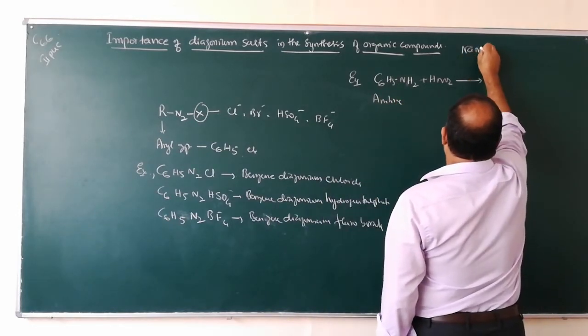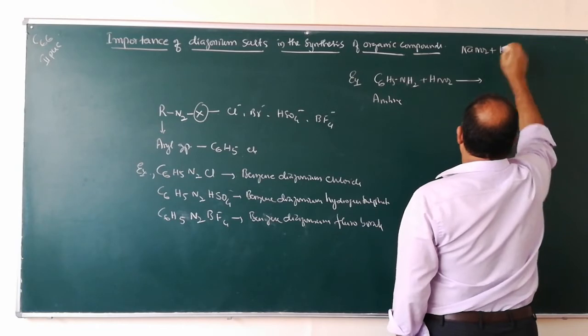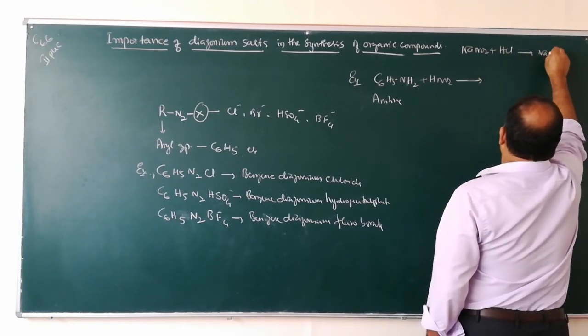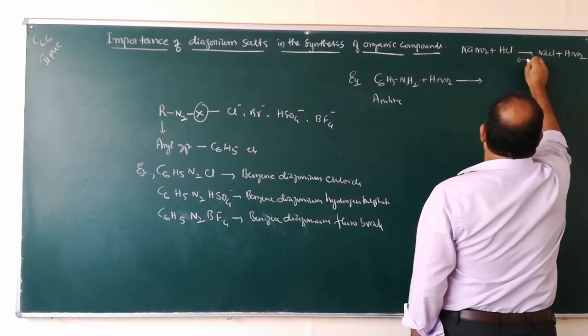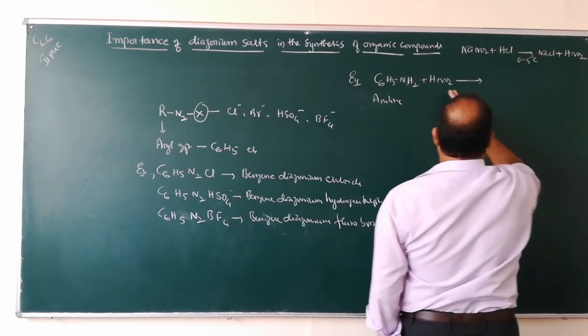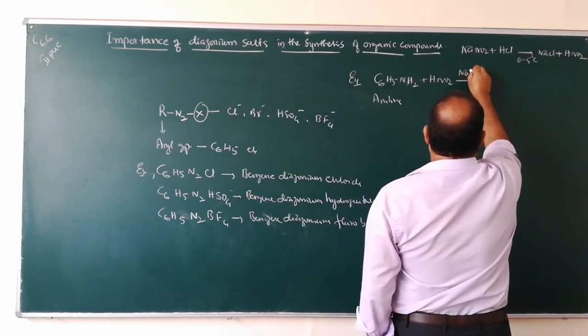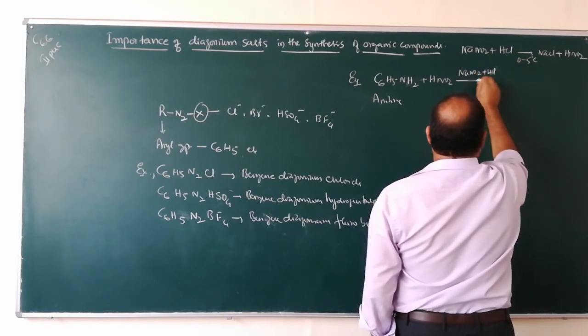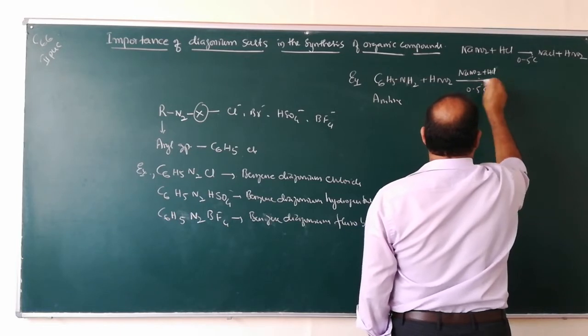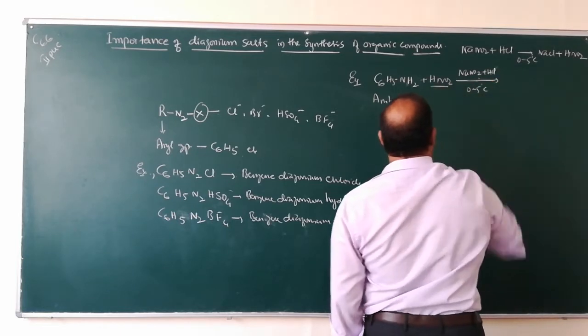So, NaNO2 plus HCl gives NaCl plus HNO2 at 0 to 5 degrees centigrade.